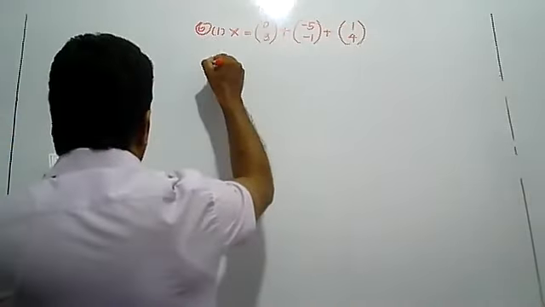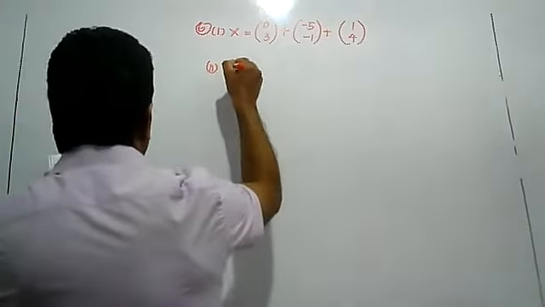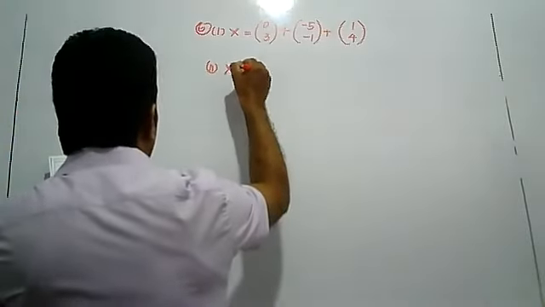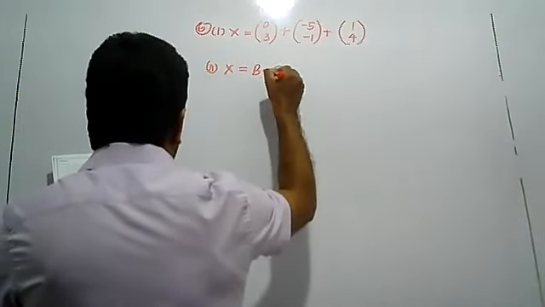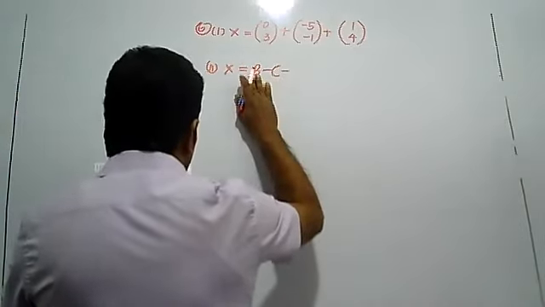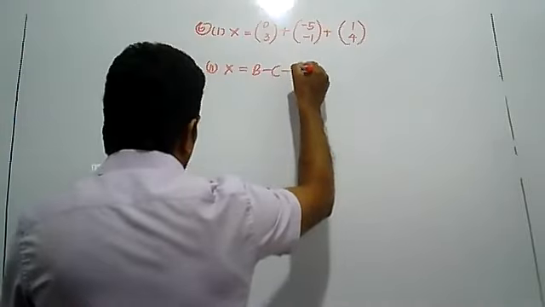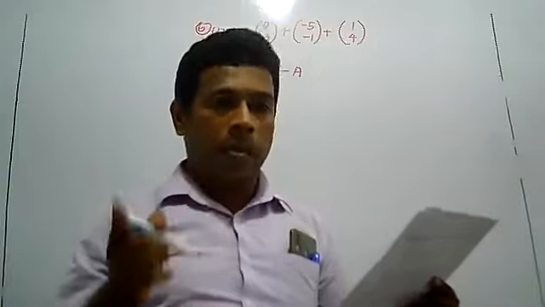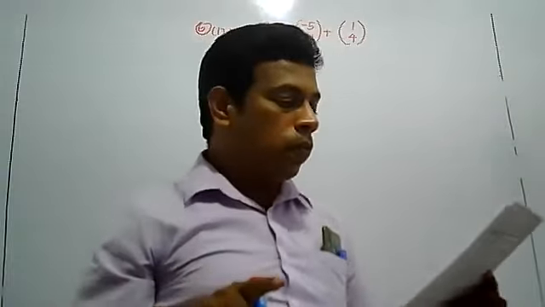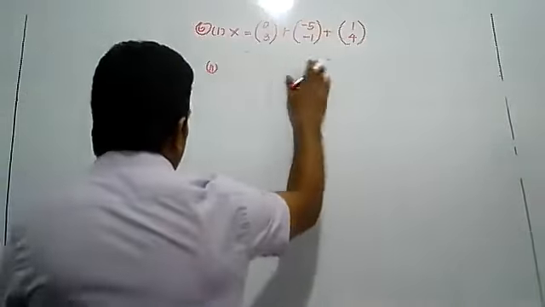Then second part, x plus A. I will make x the subject. X equal B minus C minus A. Then we want to find x now. They have given x plus A equal B minus C. I will write it anyhow.